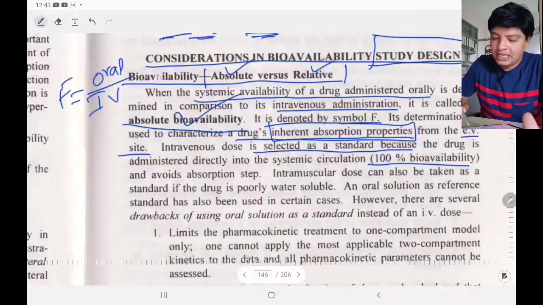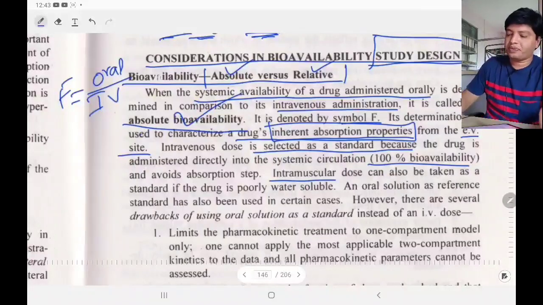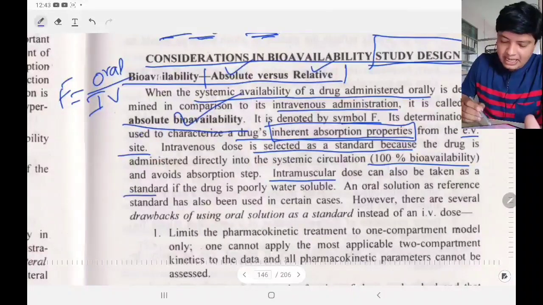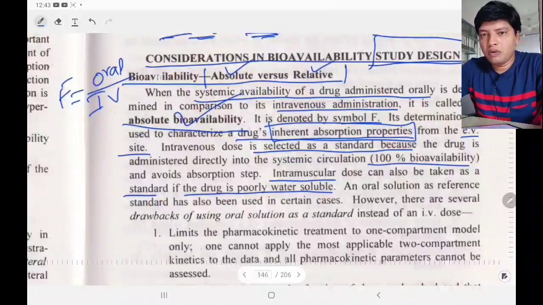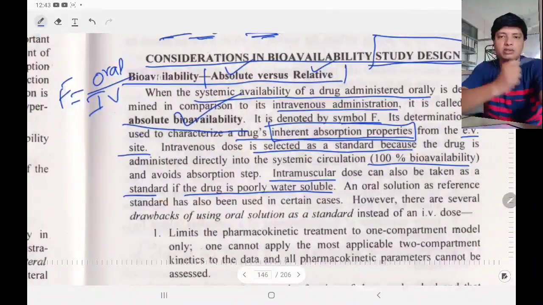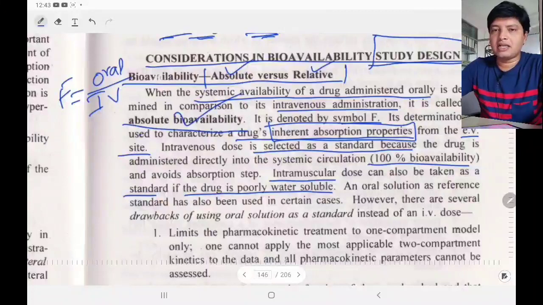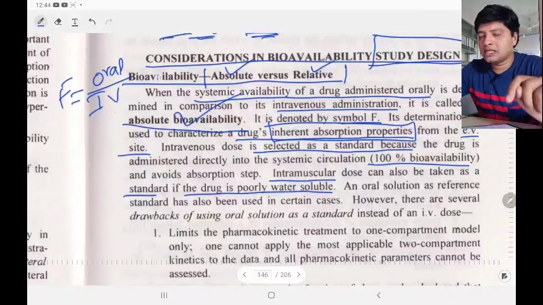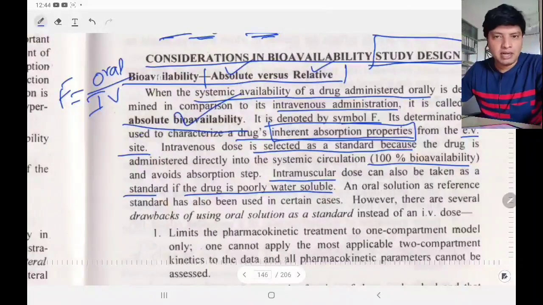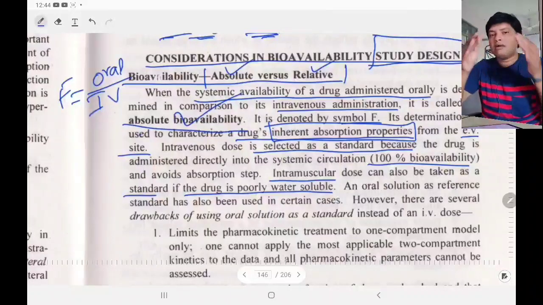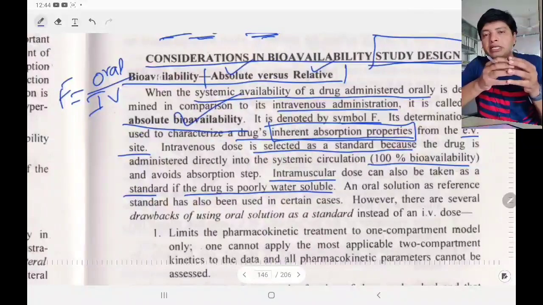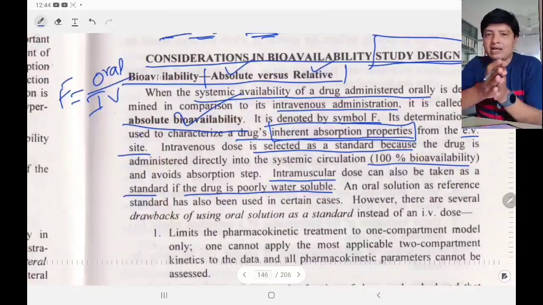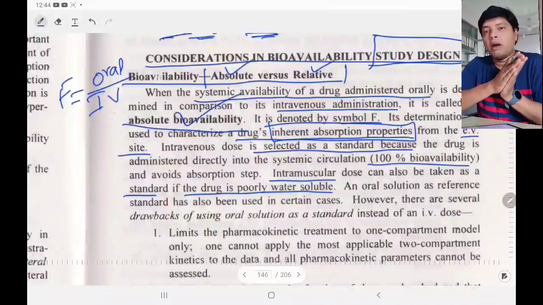You can consider intramuscular also as a standard if the drug is poorly water soluble. Obviously if the drug is poorly water soluble, you won't give it by IV because it will get crystallized there, which will cause problems. In such a case you will give the drug intramuscularly. So again one GPAT question: which type of drug is considered as a standard in absolute bioavailability?